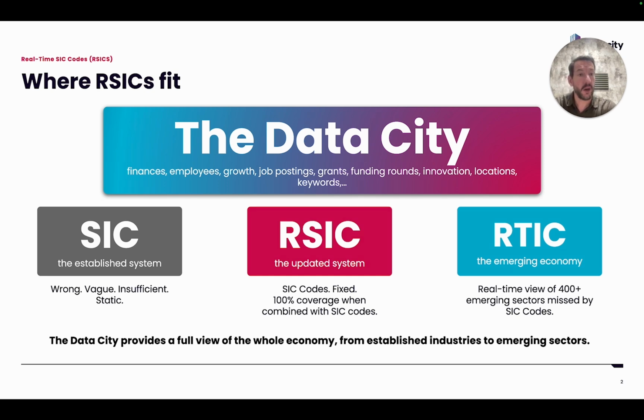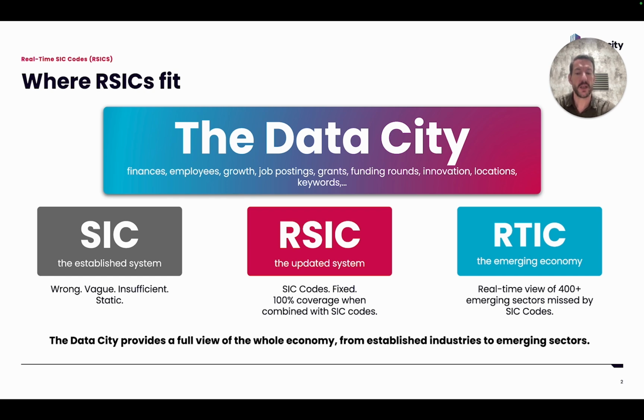On the other side, we have our established Arctic classifications, so these are real-time industrial classifications based on company website text and classifications that are designed to map the emerging economy, so over 400 sector classifications for sectors missed by SIC code classifications. And now we have in the middle of those two what we call RSICs, which is real-time standard industrial classifications.